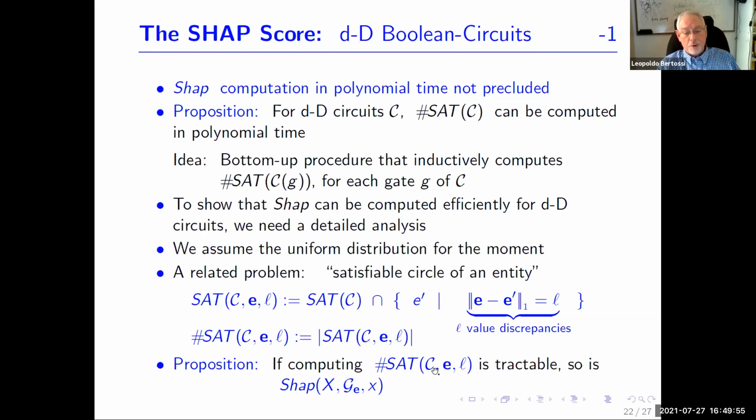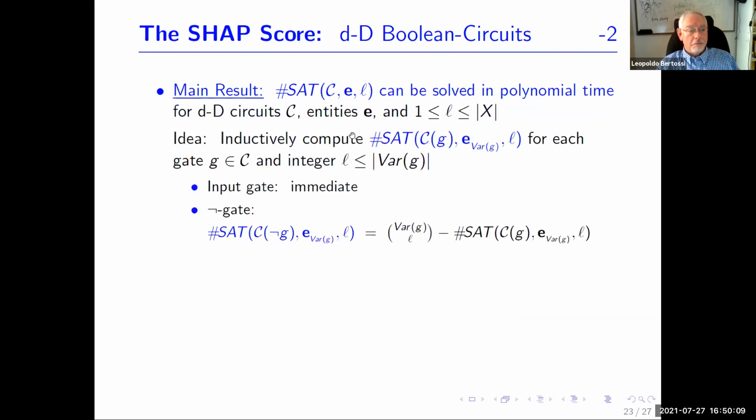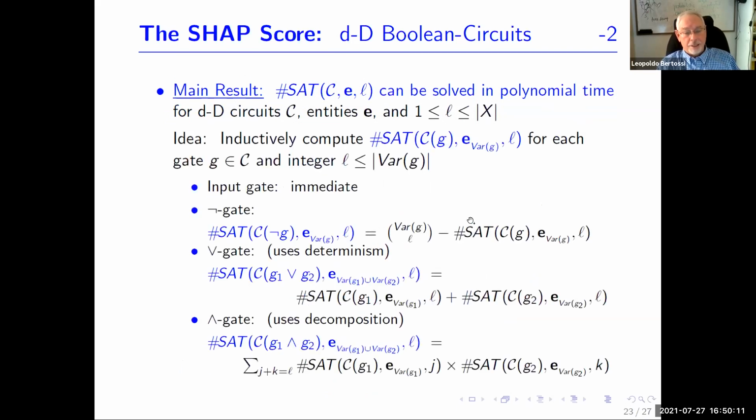And at this point is where we are going to take into account the lowercase d and capital D, because we haven't used them at all. So the main result here is, actually, it is full of calculation details, but the idea is not difficult. This can be solved in polynomial time for deterministic decomposable circuits, entities E and any value L between 1 and the number of features.